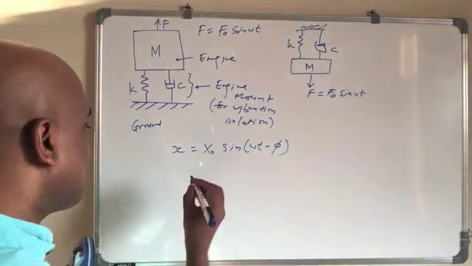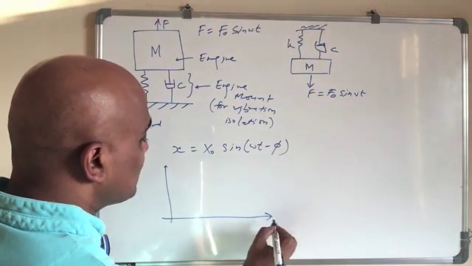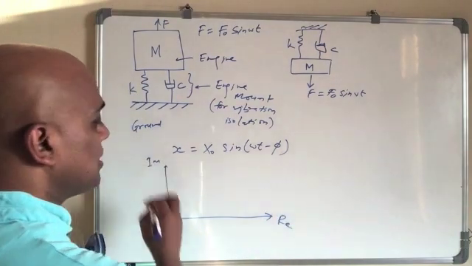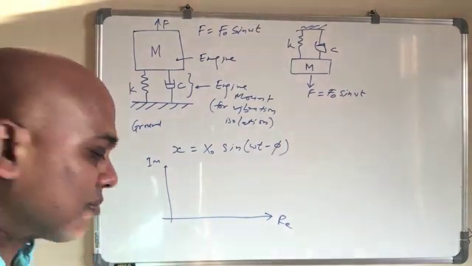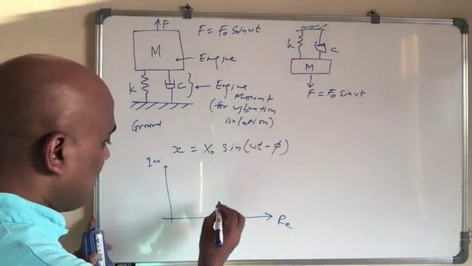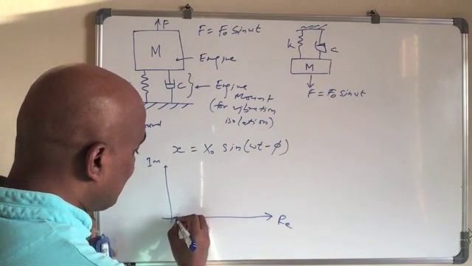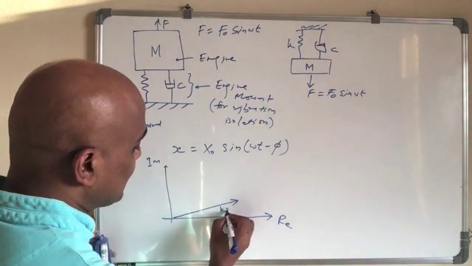So yesterday we actually drew this, the real axis and the imaginary axis. What did we do? We drew this, which is kx.